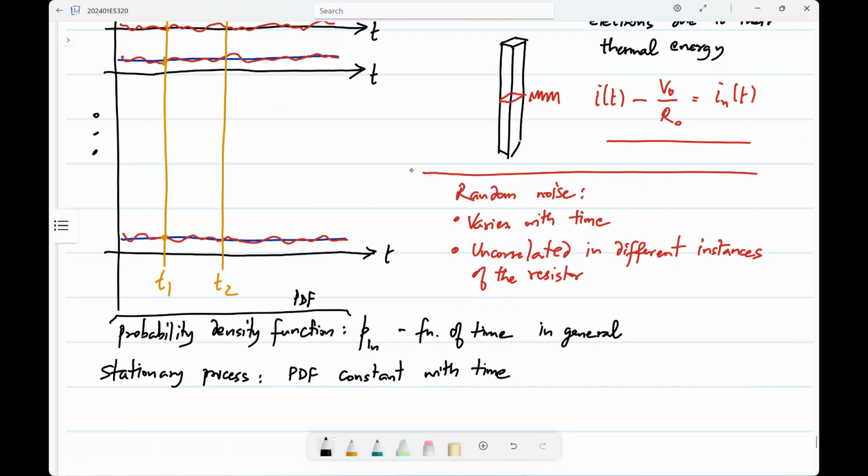What's the difference? From the probability density function, you can calculate the mean and variance and higher order moments and so on. Wide sense stationary means that only the mean and variance are constant with time, but it doesn't mean that the probability density function itself is constant with time.